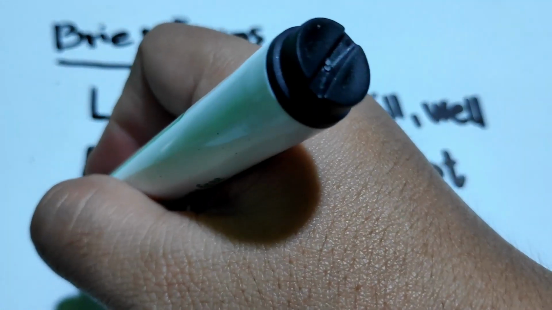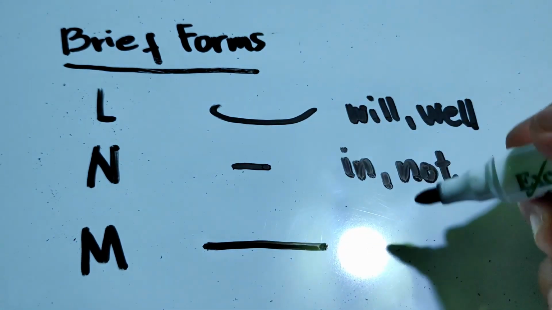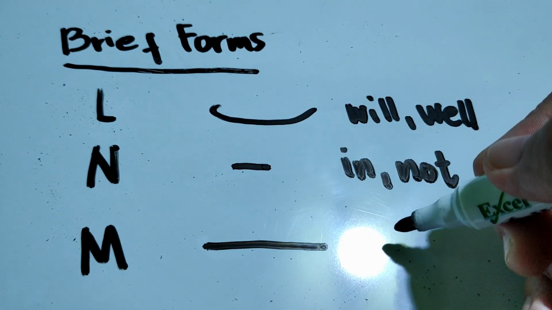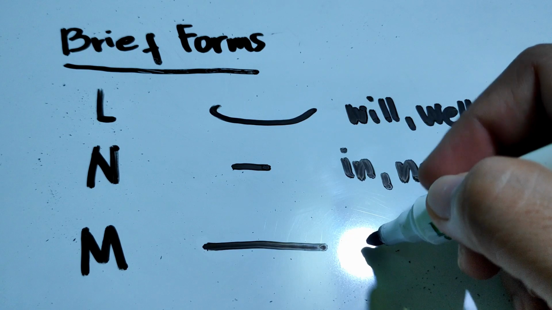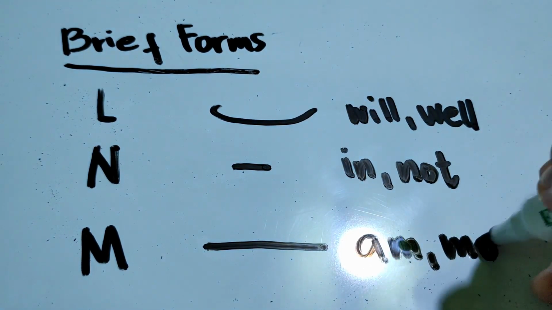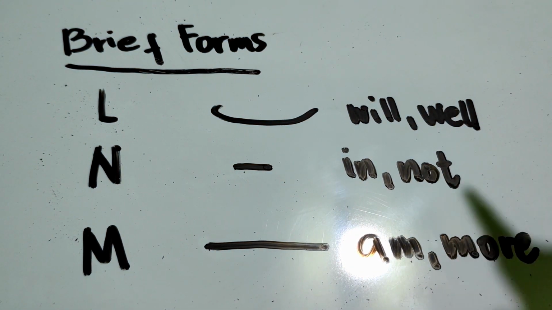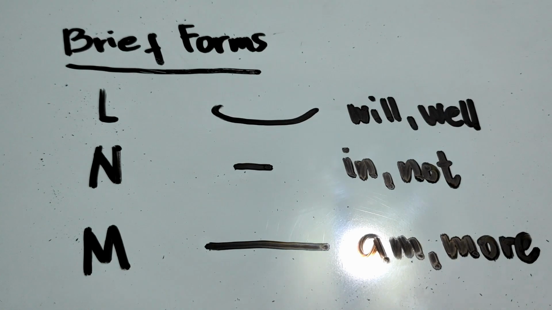Okay. For the letter M, ang iyahang sign or iyang stroke is the longer version of letter N. It is transcribed as or more.